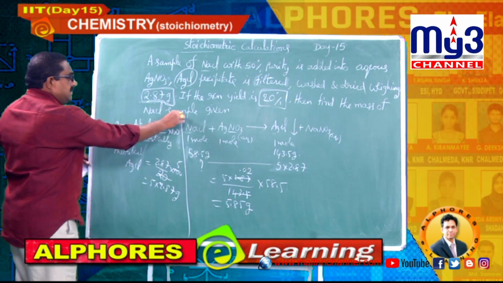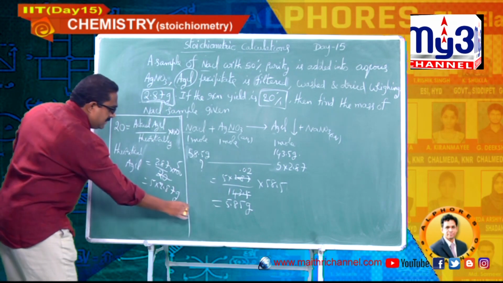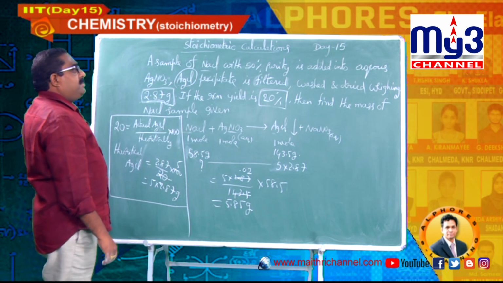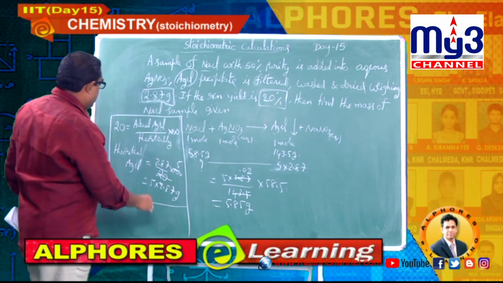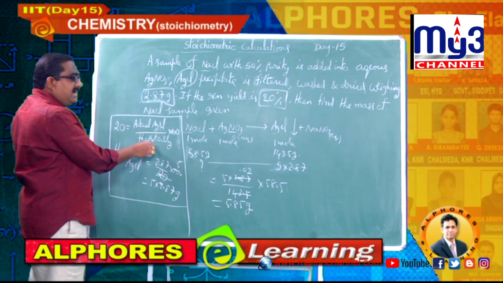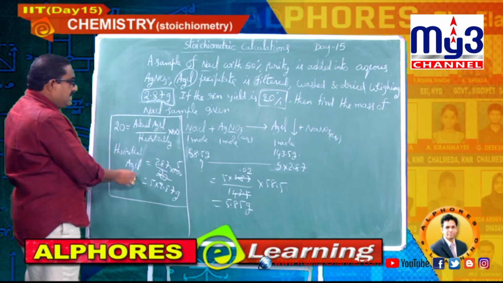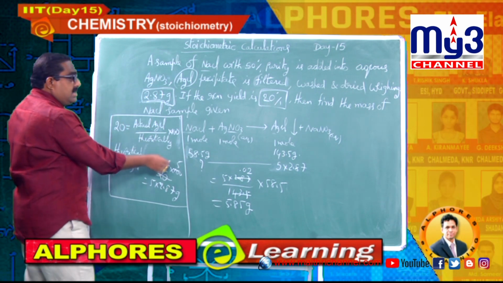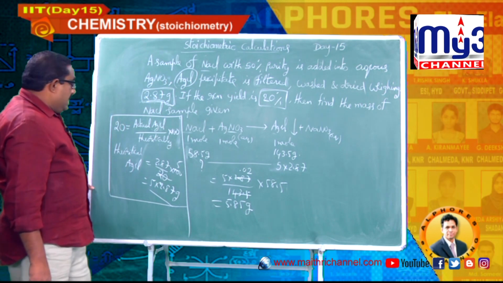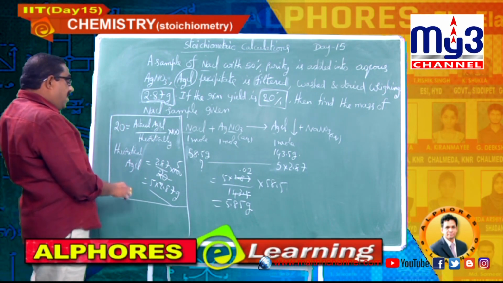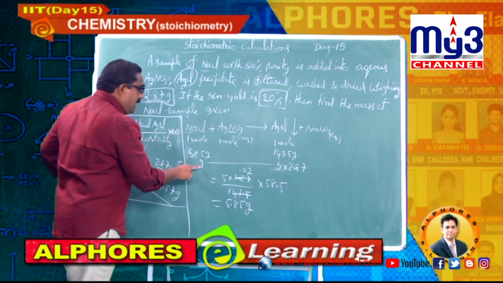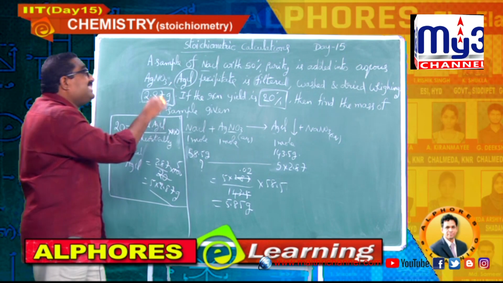That's why, concentrate here, students, I have utilized the concept of percentage yield of process or reaction: 20 is equal to actual formed silver chloride divided by theoretically formed. So theoretically, I am substituting 2.87, so this is the mass of silver chloride that I have to take to do the calculations in this process theoretically.